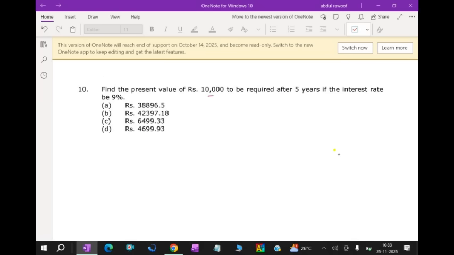For the present value formula, you have to remember: A amount over 1 plus R upon 100, to the power n number of years.